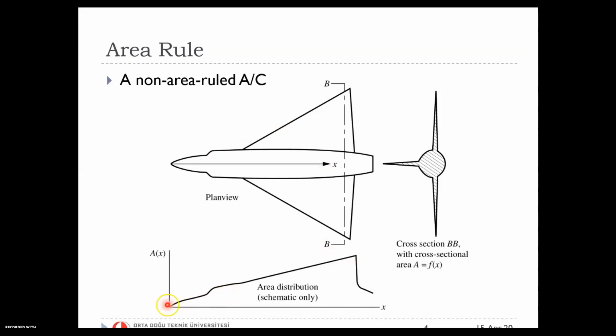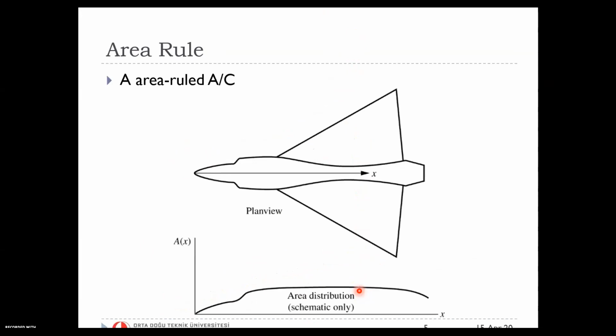So this is a non-area ruled aircraft, and as you can see, as you move from fuselage to the wing area, there is an abrupt change, and as the wings end, then you have a sharp decrease again in the cross section area. But on the other hand, if you look at this aircraft, where you have a narrower fuselage in the region where your wing starts to increase the cross-section area, then you would have a more smooth variation of the cross-section area.